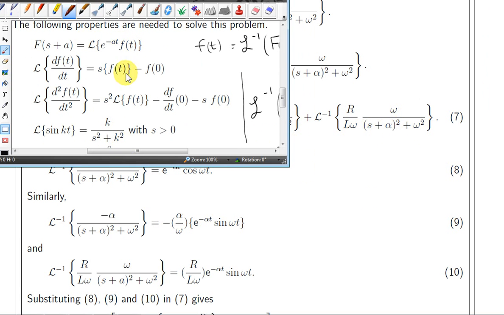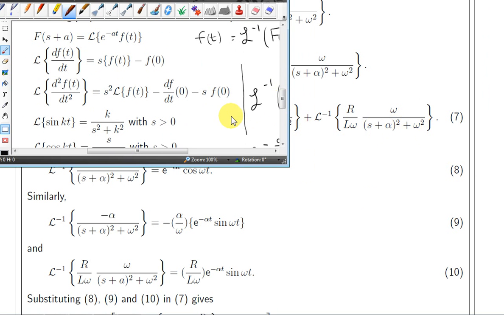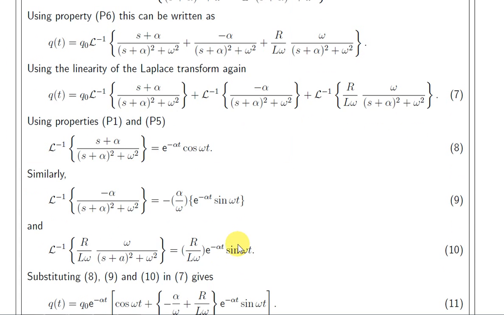So little f of t is the inverse transform of omega over s squared plus omega squared. So little f of t is sine of omega t. So that's what we have here, and we have the constant r over L omega taken out in front, and we have to multiply by e to the minus at, where a is the shift in s. So a is equal to alpha, so we have e to the minus alpha t.